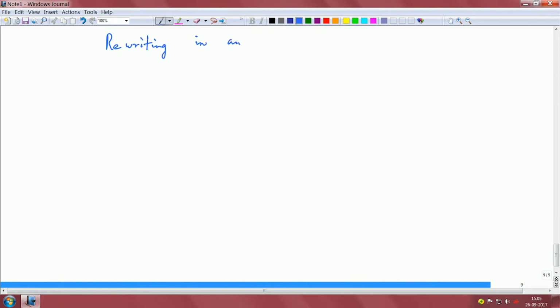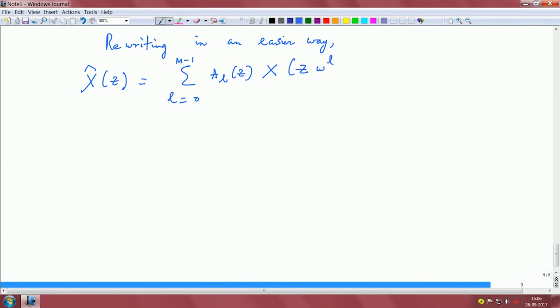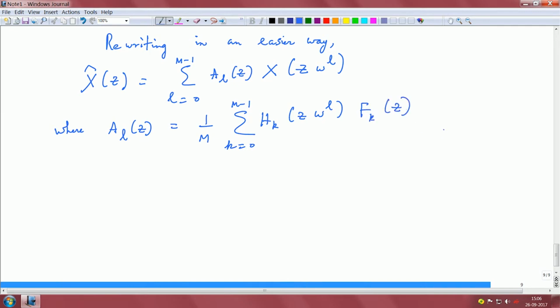Rewriting in an easier way, x hat of z is summation L equals 0 to m minus 1 a L of z times x of z omega power L, where a L of z equals 1 upon m summation k equals 0 to m minus 1 hk of z omega power L fk of z, for all the m components.